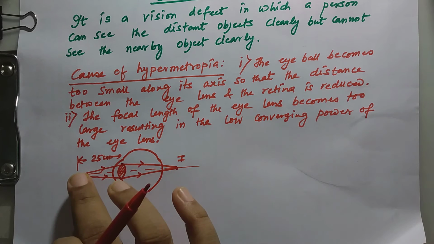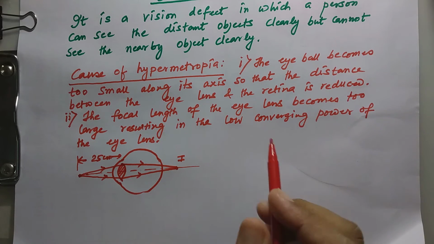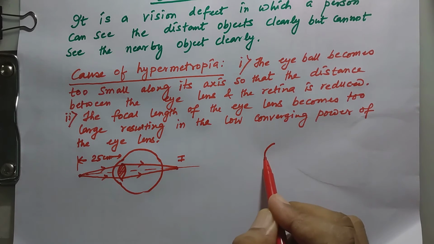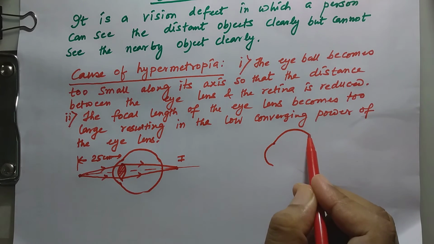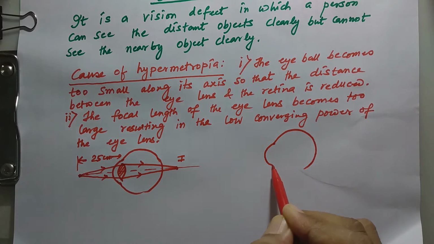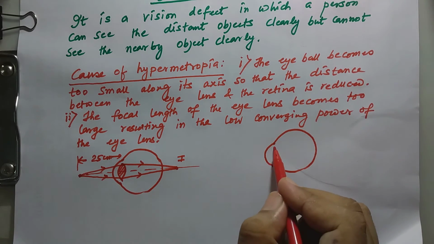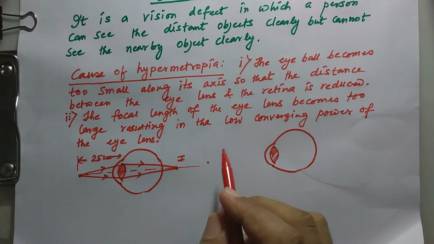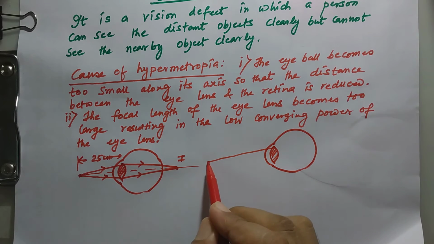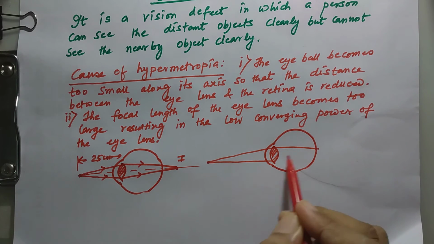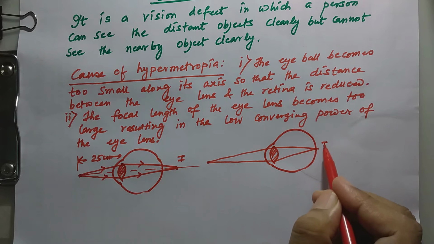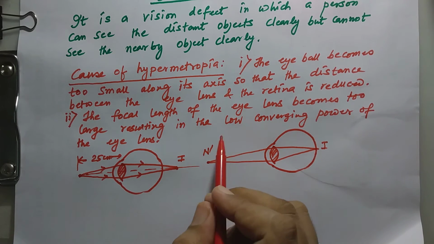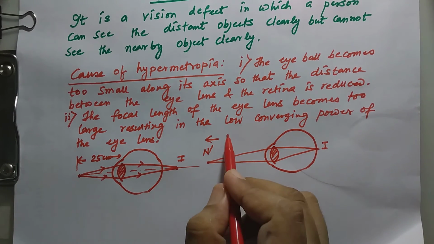But if the object is far away from the eye, a clear image will form here. So the image is here, at n dash, and this distance is more than 25 centimeter.